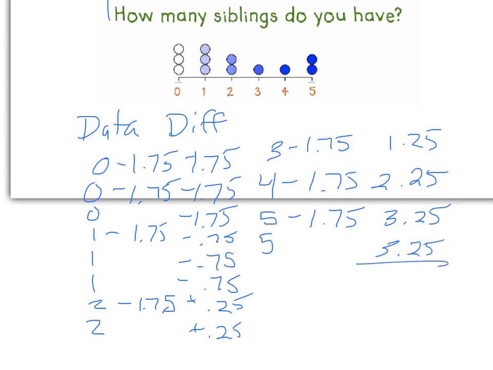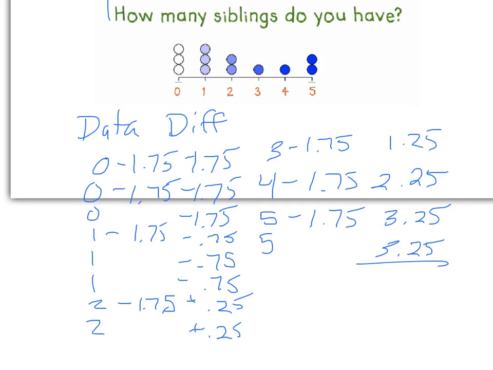Okay, now at this point, we have to think in terms of the absolute value. Absolute value is the distance that something is from 0. So all of these negatives, we're going to take the positive value of them, because distance is always positive. So we have 1.75 3 times, plus 0.75 3 times, and 0.25 twice, and 1.25, 2.25, and 3.25 twice.